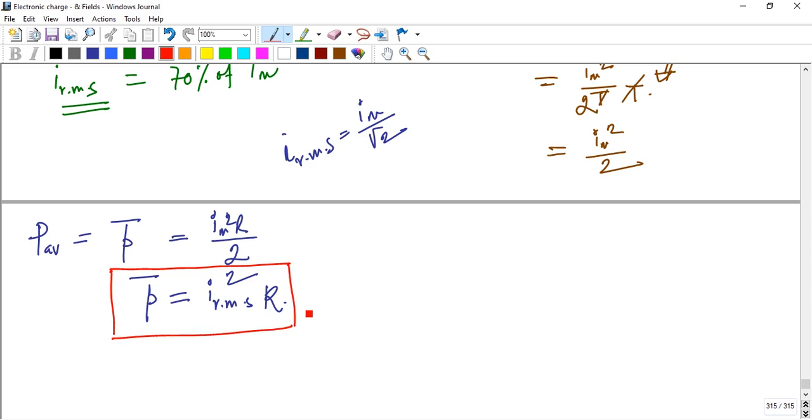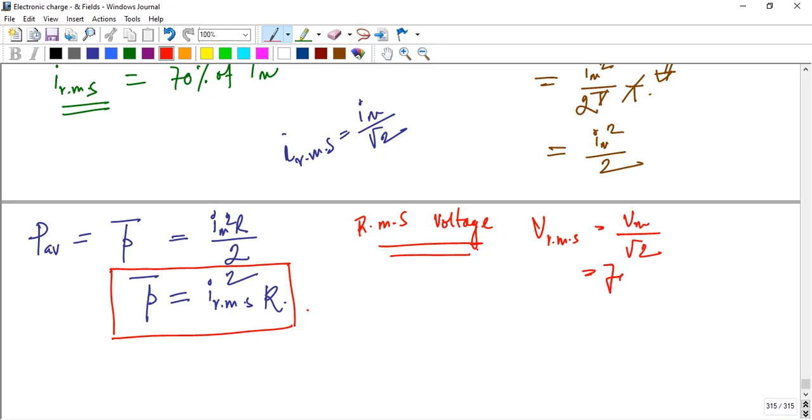Now, how do we calculate the RMS voltage? Similar to current, V RMS is the maximum voltage by root 2, that is, 70% of Vm, the peak voltage.